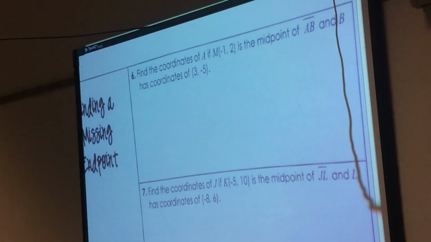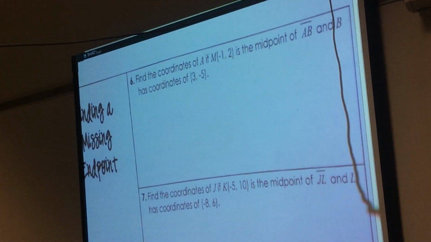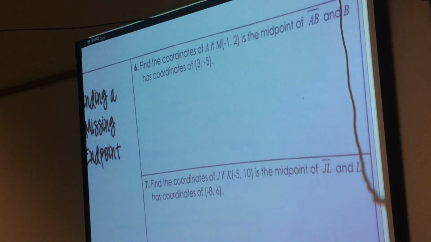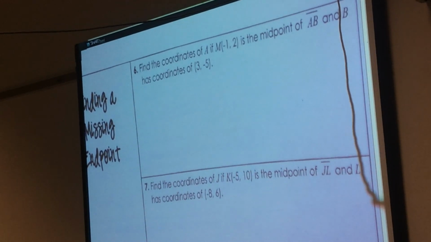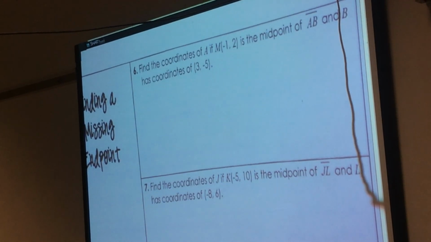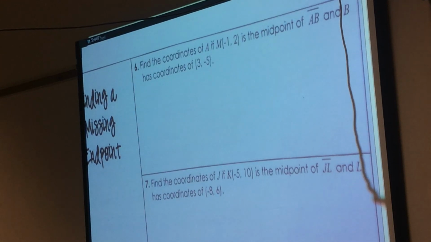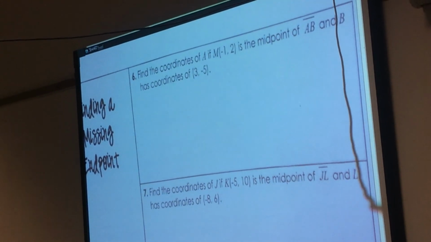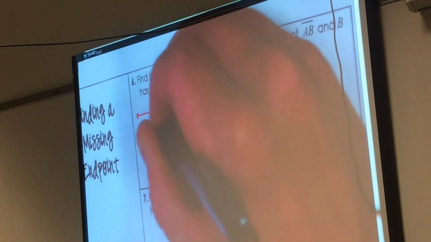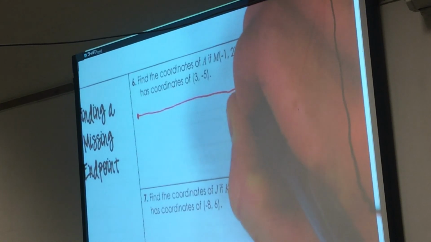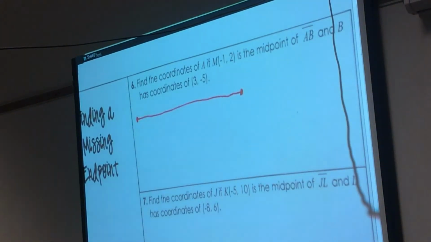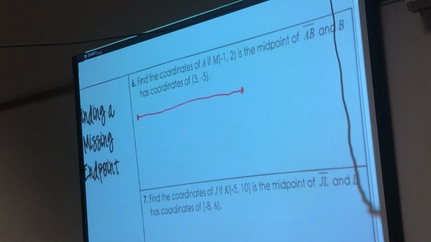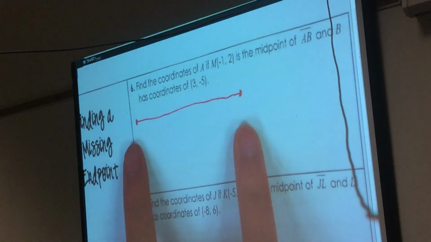But on this, if you look, this time it says finding a missing endpoint. So we're still going to be using the midpoint on this, but I'm not going to be using the midpoint formula because if I read number 6, first of all, I have a segment here, and with the midpoint formula, I was finding the middle of this segment, right?